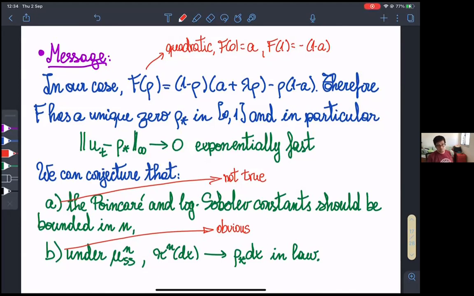It's not clear that the Poincaré inequality holds for the probabilistic model; that is something much stronger than to say it for the hydrodynamic limit, because at the end of the day the hydrodynamic limit is a law of large numbers.